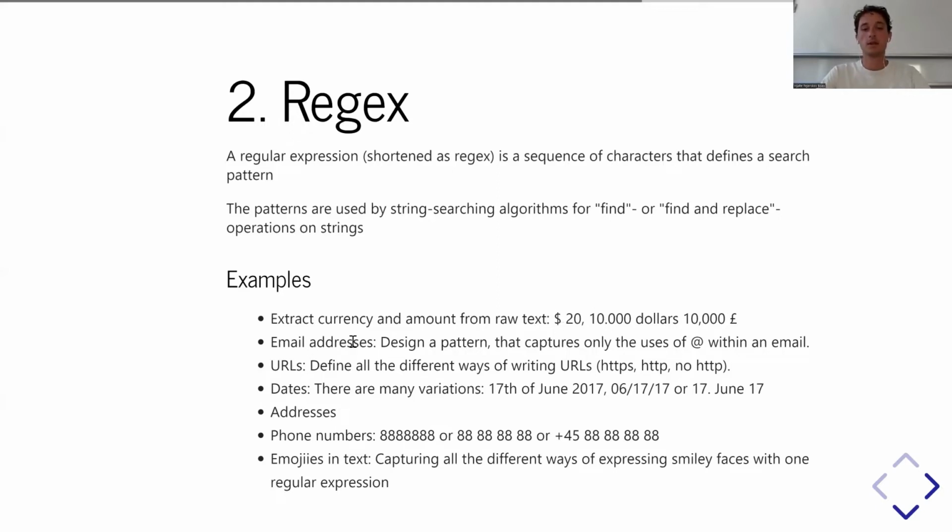So, for example, the email address has the @ symbol that tells us that it's an email, and a phone number has also a very specific kind of pattern or structure. And we can use regular expressions to exploit this pattern.